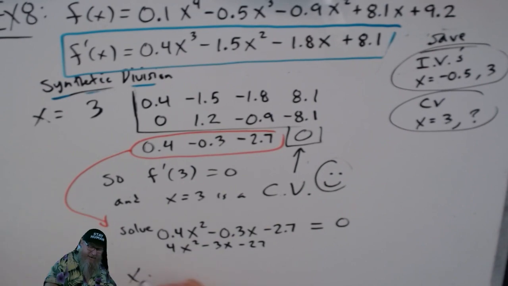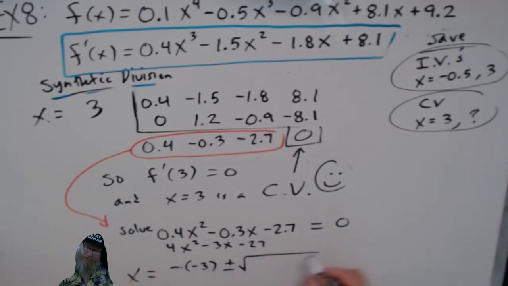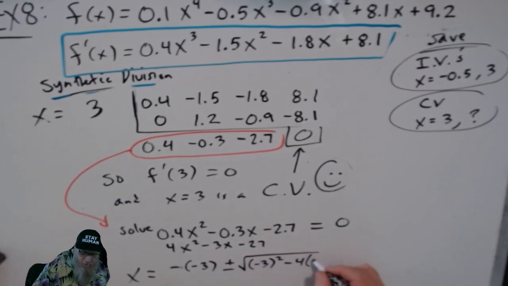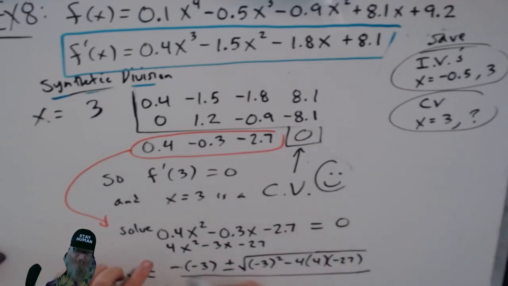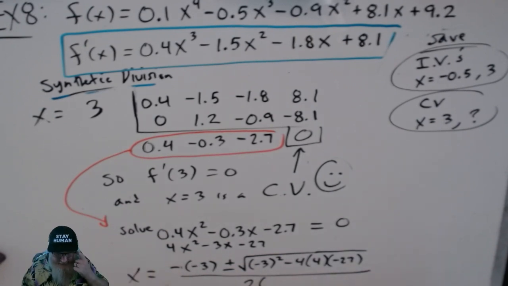Negative b, negative 3, plus or minus the square root of b squared, negative 3 squared, minus 4 times a times c, all over 2 times a.